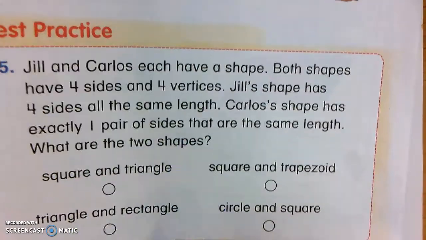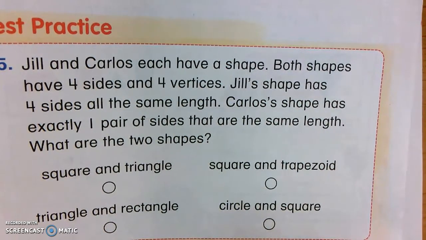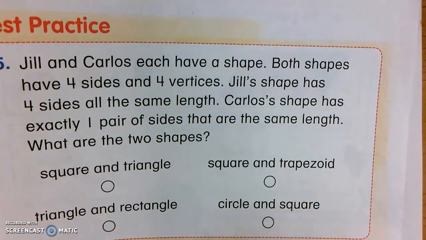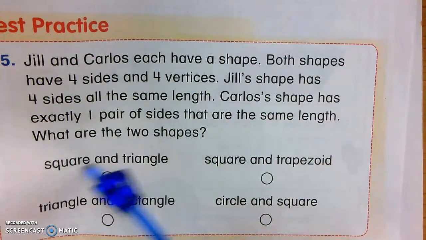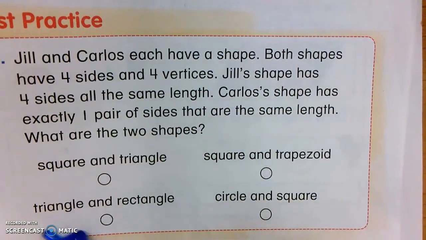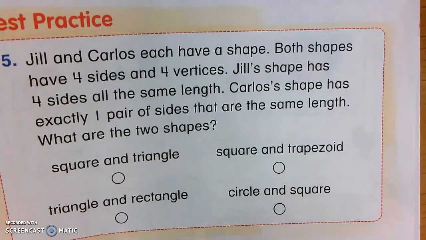What are the 2 shapes? Would it be a square and a triangle? A square and a trapezoid? A triangle and a rectangle? Or a circle and a square? What could it be?